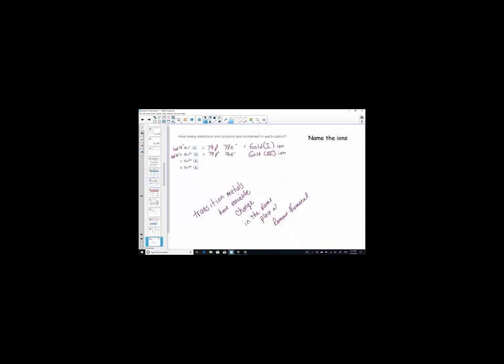That tells me that tin has 50 positive protons. Always tin will have 50 positive protons. If it results in a +2 charge, it lost 2 electrons, giving it a net +2. And if it lost 4 electrons, so here's loss of 2, loss of 4 negative charge, the remaining must be +4.